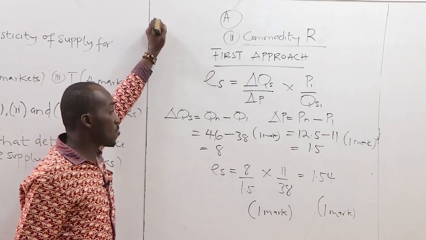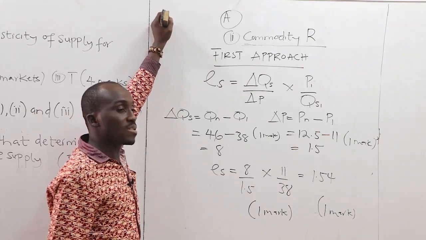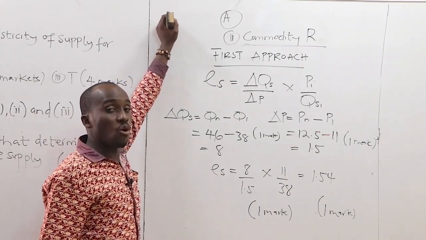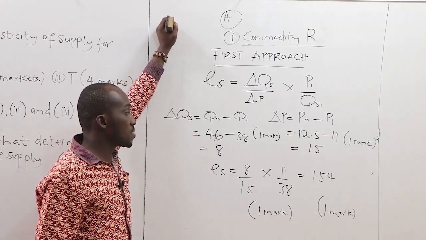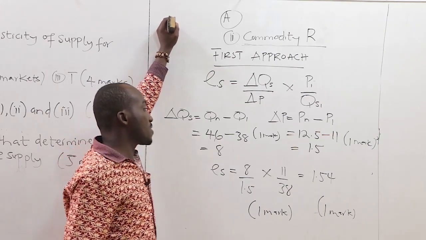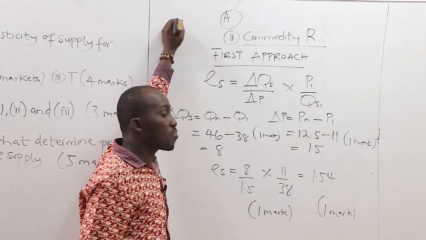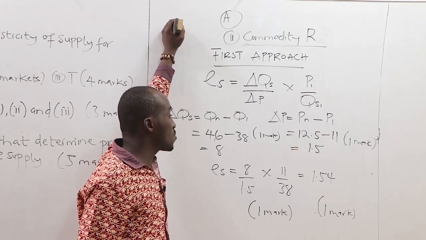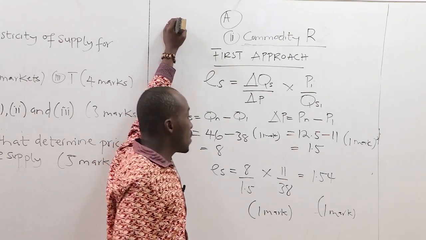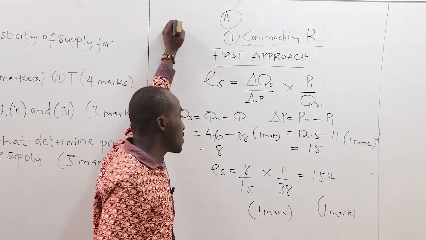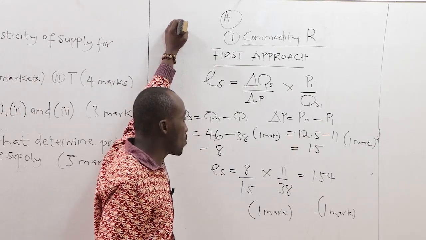What's the change in quantity supply? The new quantity supply is 46, minus the old or initial quantity supply, which is 38. That gives you positive 8. What about price? Change in price is the new one minus the old one. The new price is 12.5, the old or initial one is 11. When you subtract, you get 1.5.